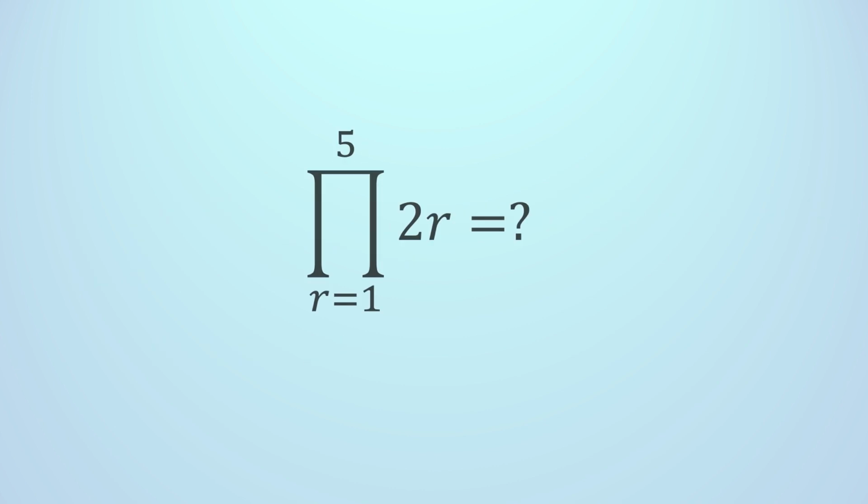Anyhow, let's step it up a notch and go back to what we were trying to work out before. What happens if we're working out the product of this sequence? Well, we've now got that constant of 2 out the front being multiplied by the r, so how does that affect things?